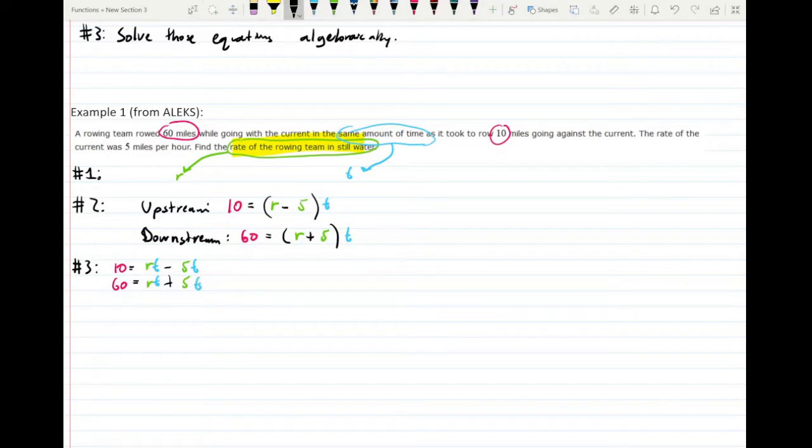And just so we can refer back to them later, let's call these equation 1 and equation 2.